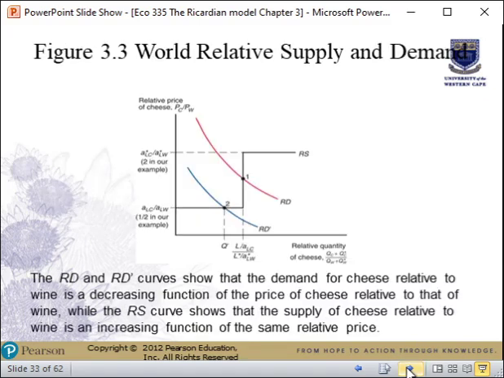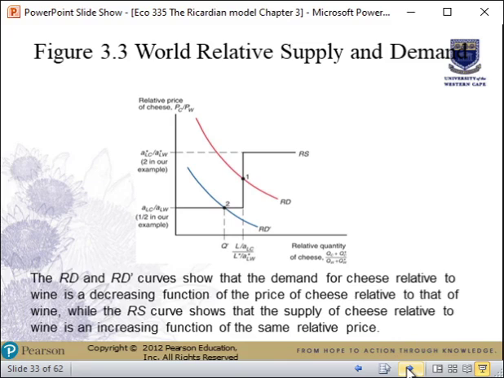The equilibrium price of cheese is determined by the interaction of relative demand and relative supply, as depicted in figure 3.3. At point 1, the relative price of cheese is between the two countries' opportunity cost. In this case, each nation will specialize in the production of the good in which they have relatively lower unit labor requirement, or comparative advantage.